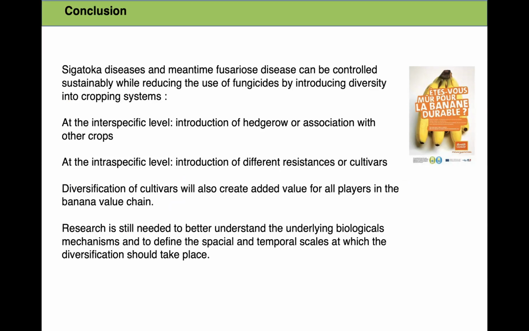And diversification of cultivars, maybe not in Indonesia, but in other countries like in Africa and Latin America, where only one genotype is cultivated. So this diversification will also create added value for all players in the banana value chain.